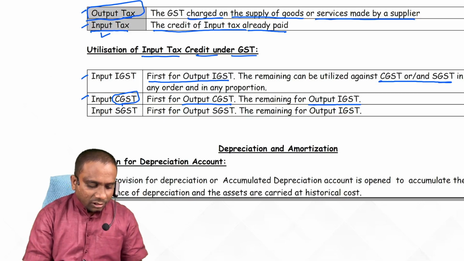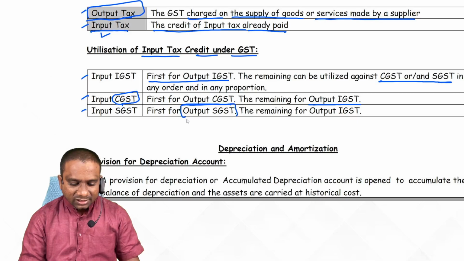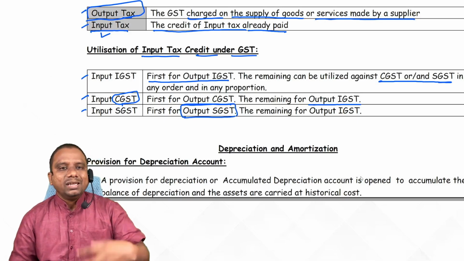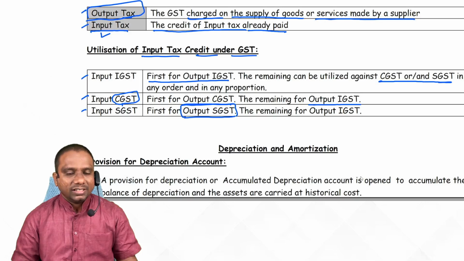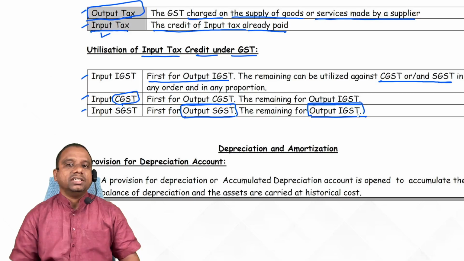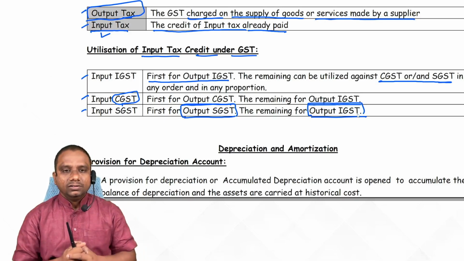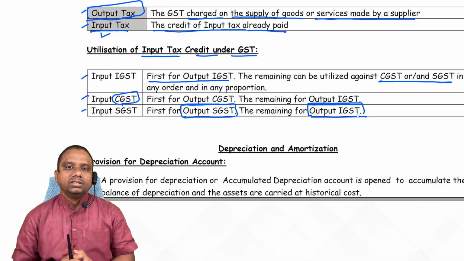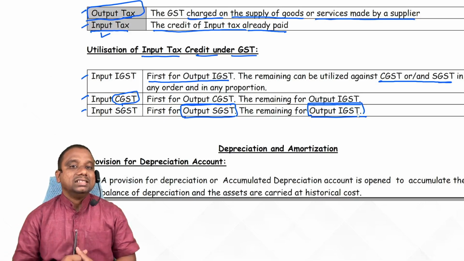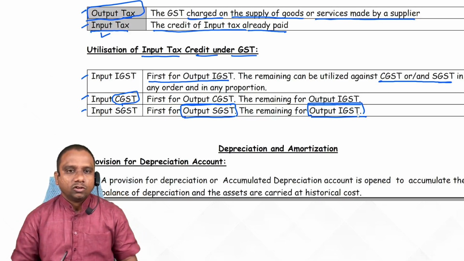Next, input SGST. First adjust against output SGST. If any amount is left in the input SGST account, that can be adjusted against output IGST. The important point here: input SGST will not be utilized against output CGST. Yes or no, students? Yes. These are the set of provisions.